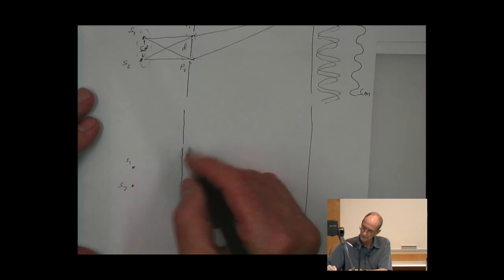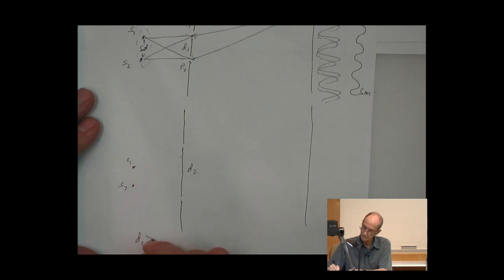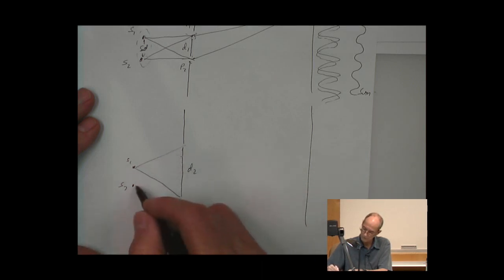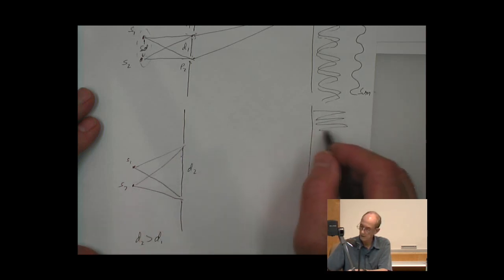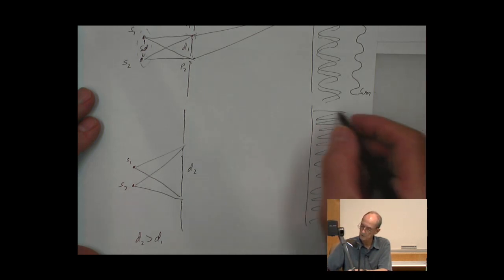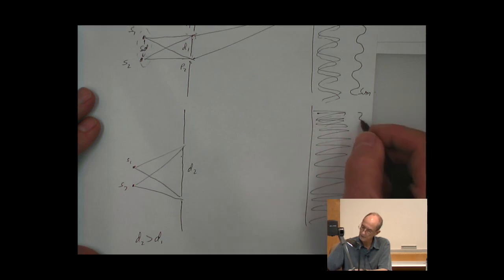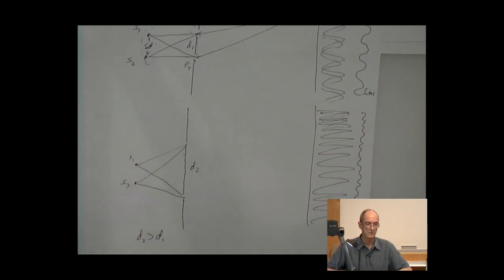So now if we have, say, D2 greater than D1, what will happen when the light goes through and off to this screen is that we're going to get a higher frequency fringe from each one of those, and the second one's going to be shifted. When we add those two, we're going to get a much smaller variation in the contrast out there at the screen.